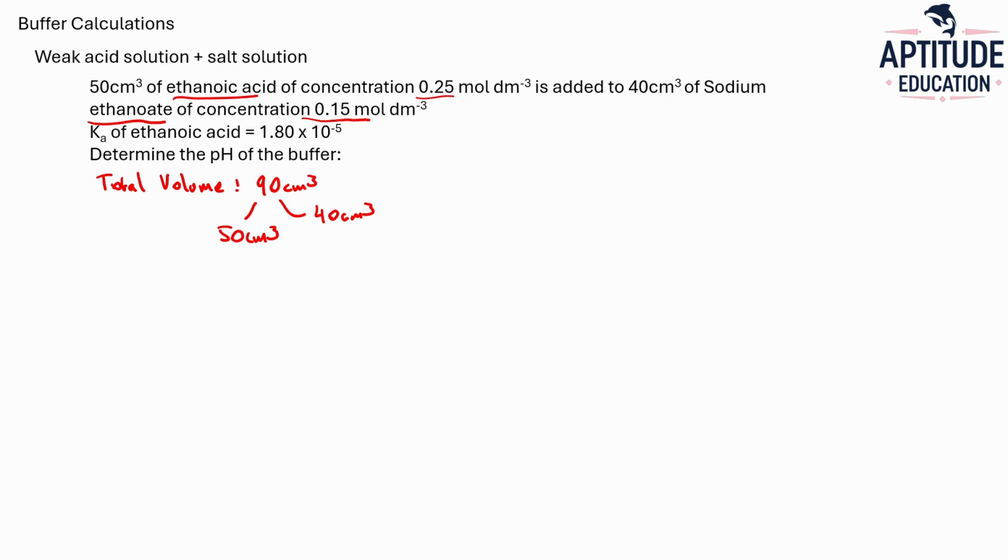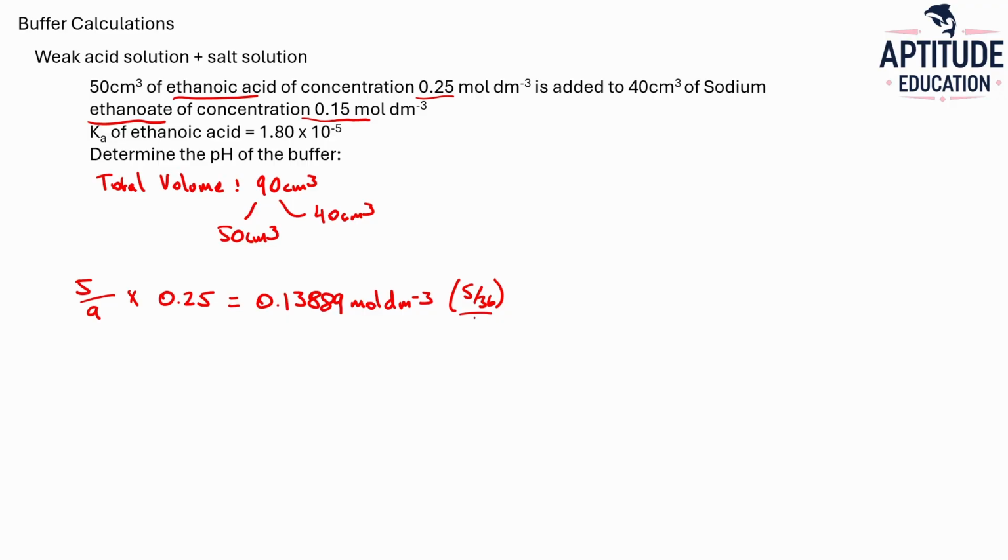So using that information, I'm going to make two fractions to find the new concentrations of ethanoic acid and ethanoate. So I'm going to do 50 over 90, which is the same as saying 5 over 9, times 0.25, and this is to work out the new concentration of ethanoic acid, which is going to give me a concentration of 0.13889 moles per dm cubed, and that is the equivalent of 5/36.